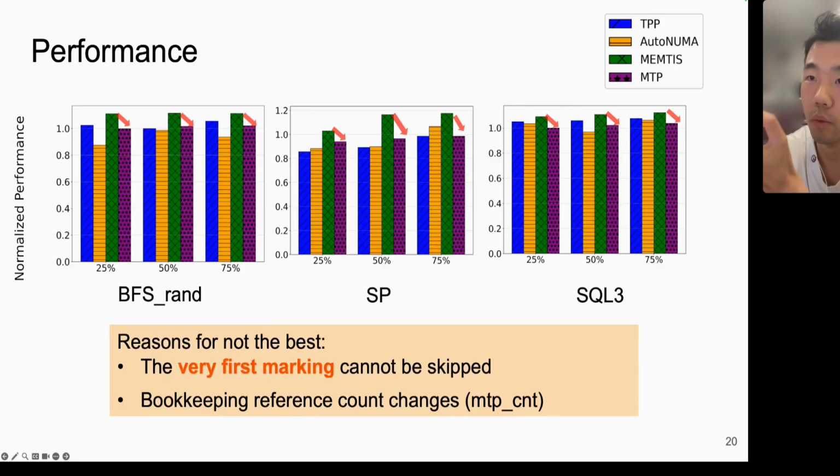We show which performs better. MTP does not perform the best in terms of runtime because of the overheads that I just explained. And for the baselines, TPP, Autonuma, and Memtis, they all have their own OS-based overhead, but their overhead does not stem from the Python virtual machine, but from OS page sampling. Okay. Yeah, so they come from different sources.